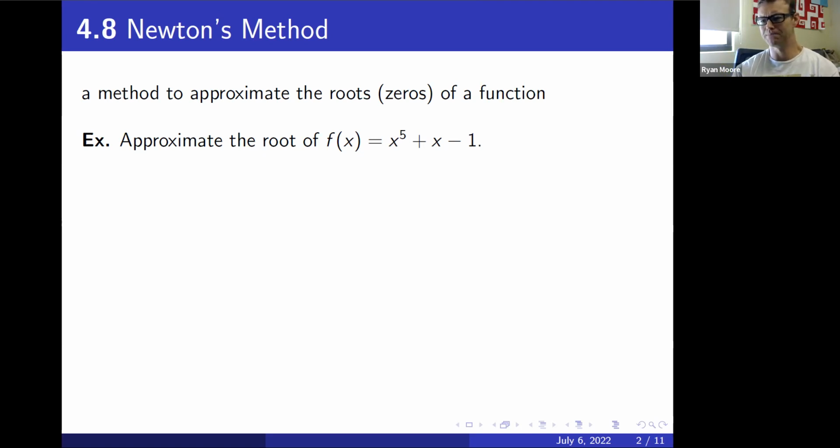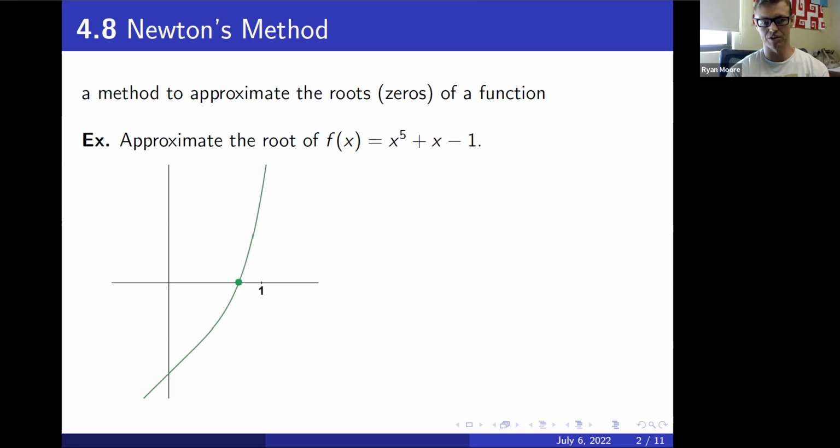So you might think, all right, what does the graph look like? That will give us an idea and a starting point for this method. Right there, we've zoomed in on where the 0 occurs. We can see the way that function moves through the x-axis.